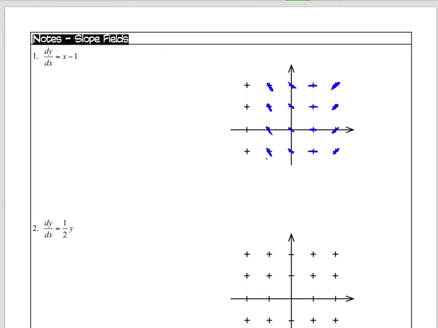So I go over 1 and up 3. So I'm looking at about that spot right there when I make my slope. And again, the negative 3 needs to be steeper than the other ones. So there is my slope field.